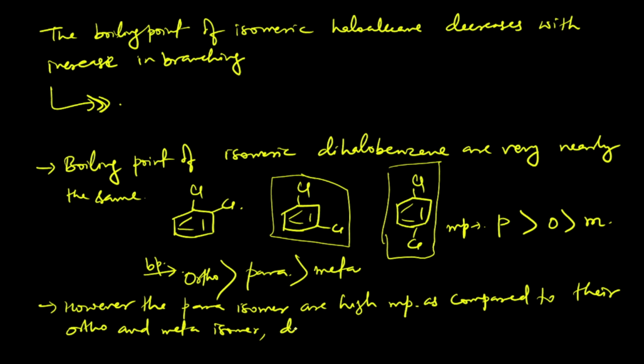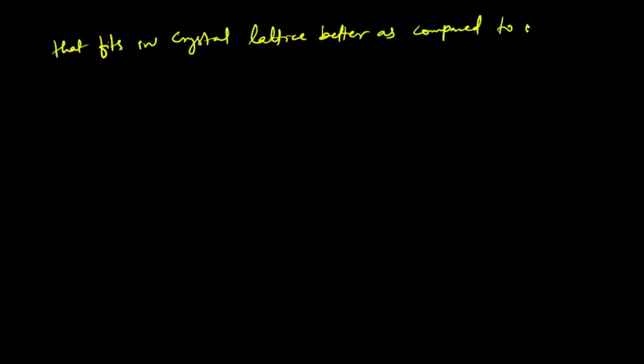It is due to the symmetry of the para isomer, which fits the crystal lattice better as compared to the ortho and meta isomers. Are you getting it? Ortho and meta isomers.